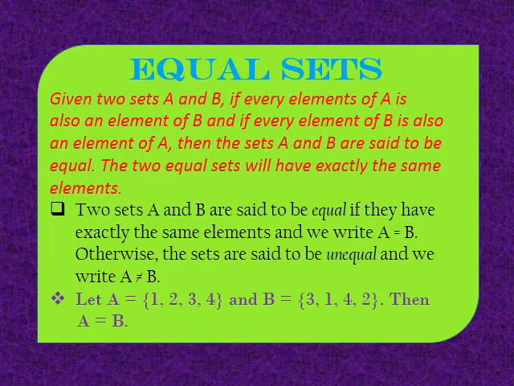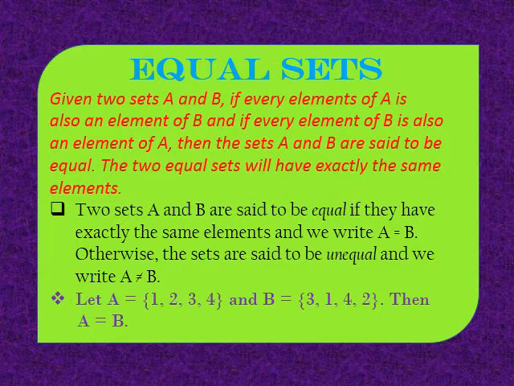I am not talking about numbers, but the same elements. So two sets A and B are said to be equal if they have exactly the same elements, and we write A equals B. Otherwise, if the sets are unequal, we write A is not equal to B.